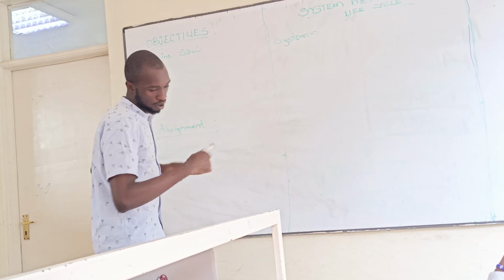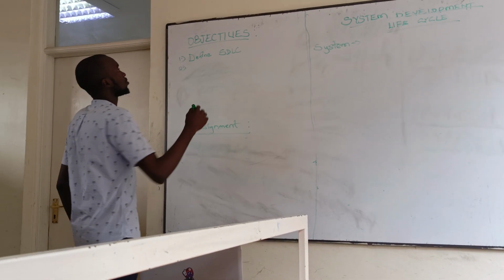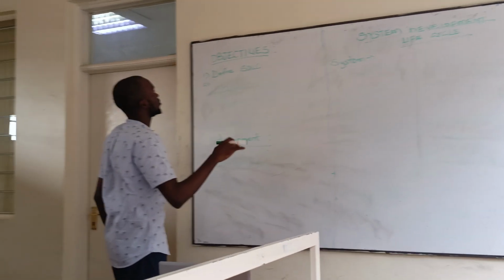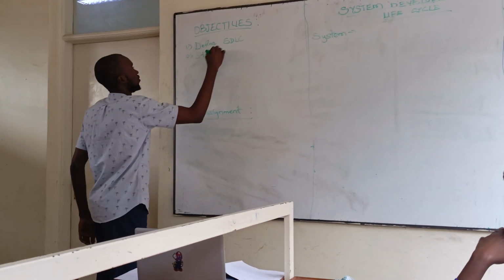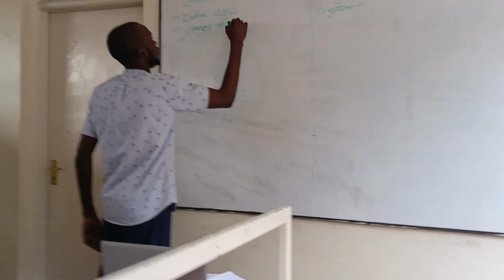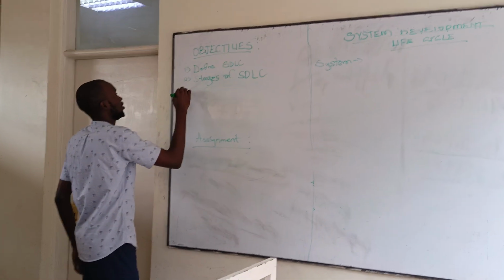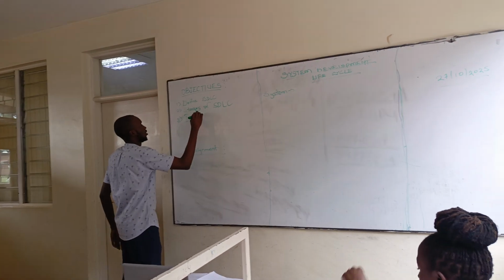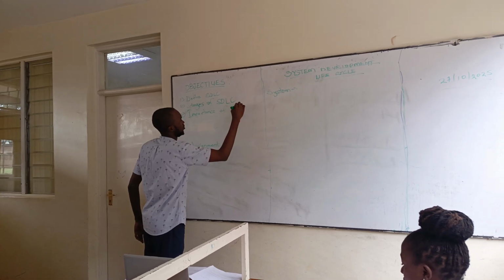So, at the end of this lesson, I believe all our students will be able to define what a system development life cycle is, the stages of an SDL, and finally, the importance of an SDL.